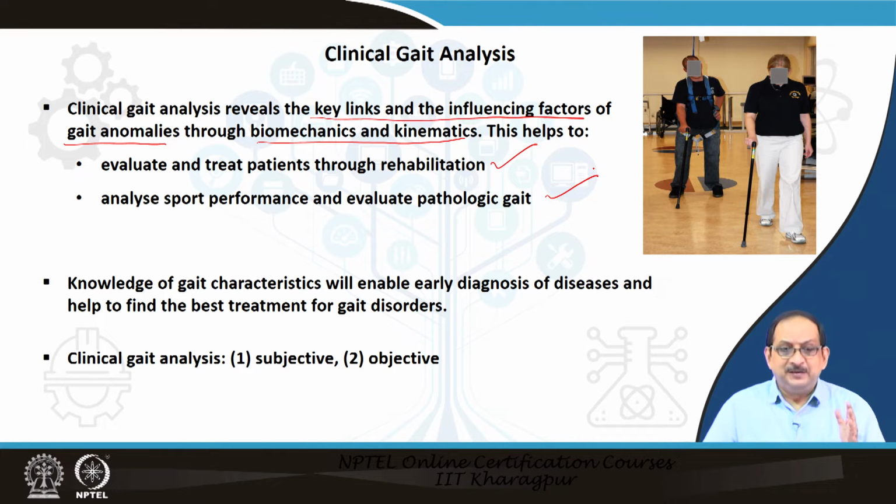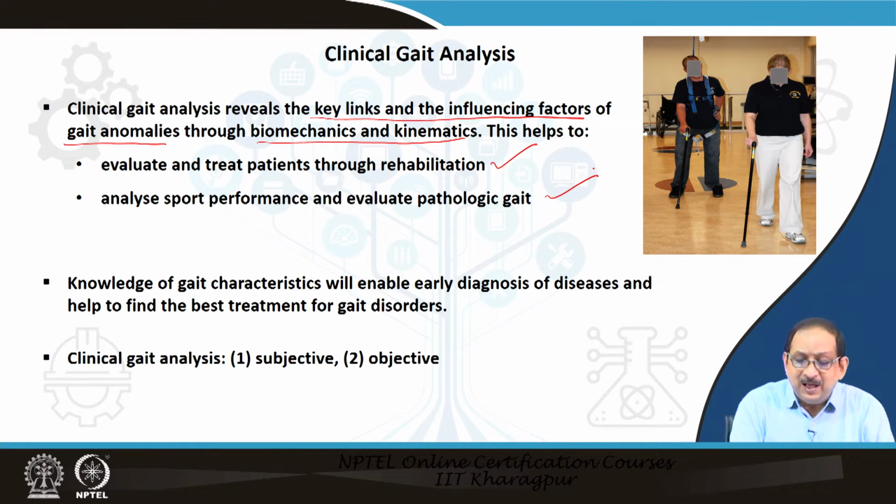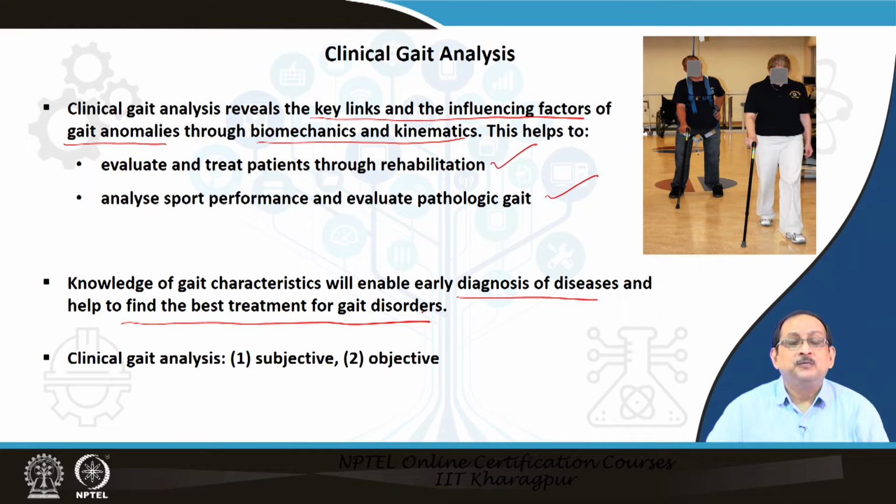Knowledge of gait characteristics will enable early diagnosis of the disease and help to find out the best treatment for the gait disorders. Clinical gait analysis can be of 2 types, broadly speaking. One is the subjective type, another is the objective type.